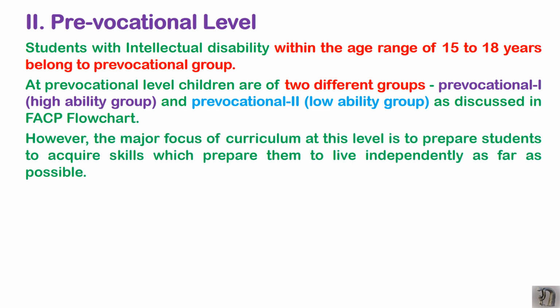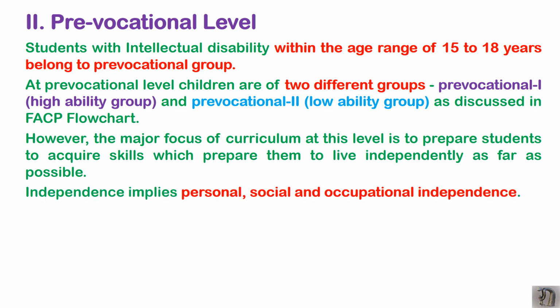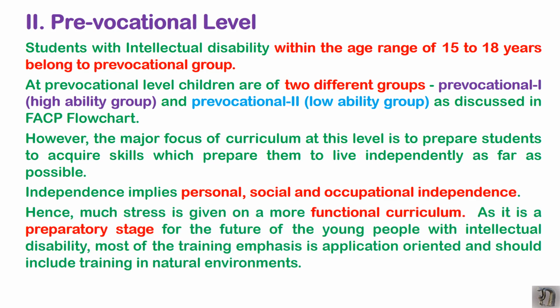However, the major focus of the curriculum at this level is to prepare the student to acquire the skills which prepare them to live independently as far as possible, because they become independent when they go out. That is very, very important. Independence implies personal, social and occupational independence.